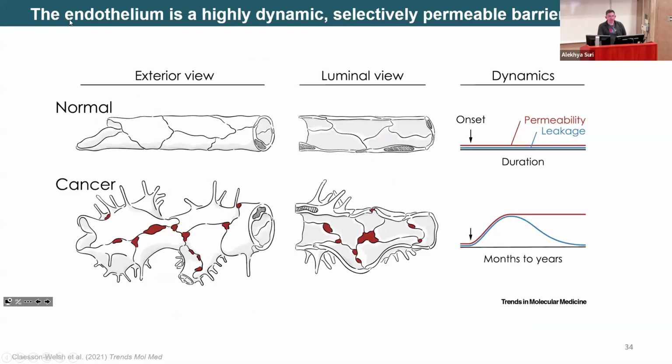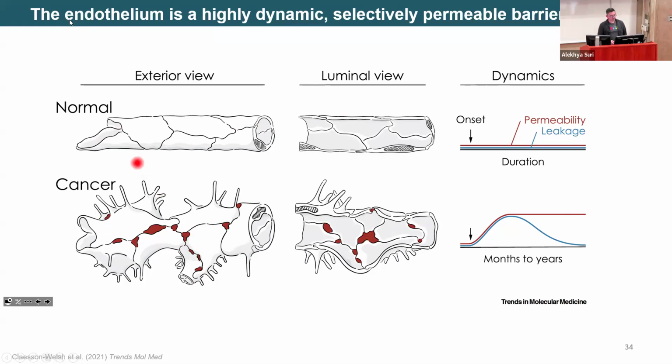But we do have to talk a little bit about the endothelium as a barrier function. I told you that one of the things about angiogenesis was that vascular permeability had to increase, right? So in cancer, the endothelium of those blood vessels that are close to the tumor actually look nothing like the normal endothelium, right?